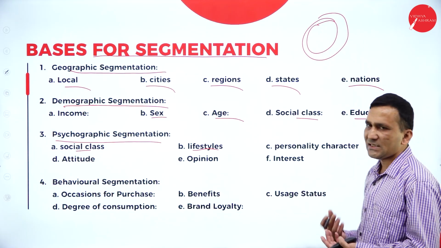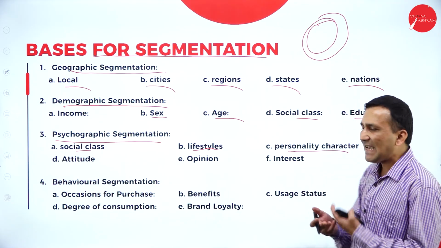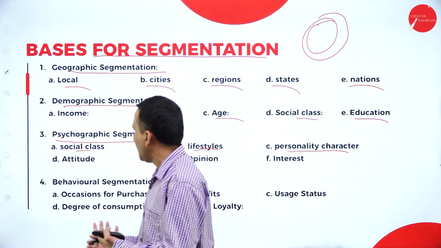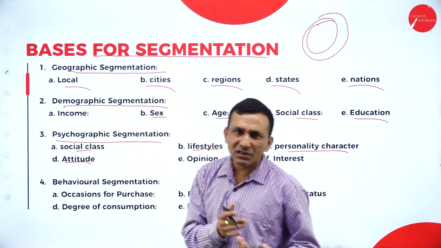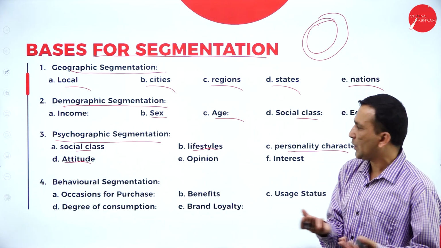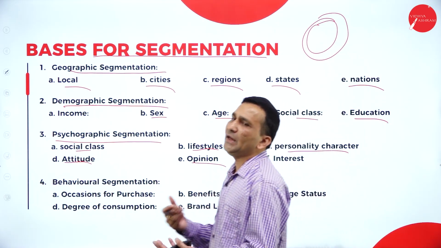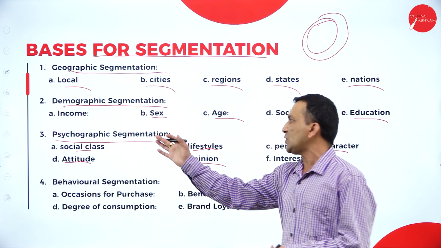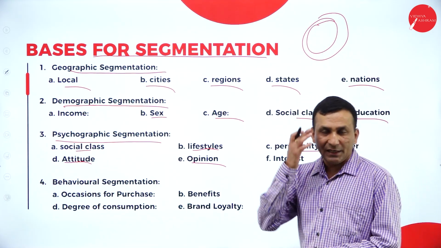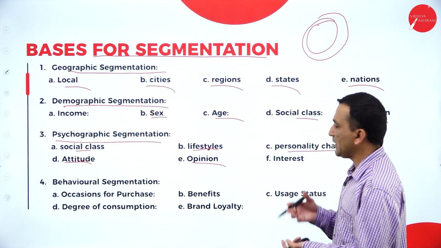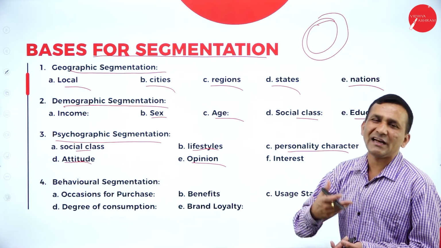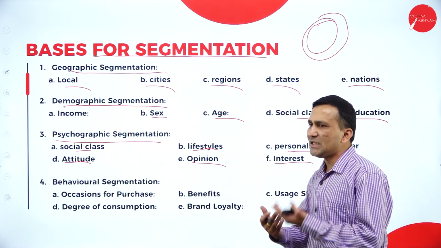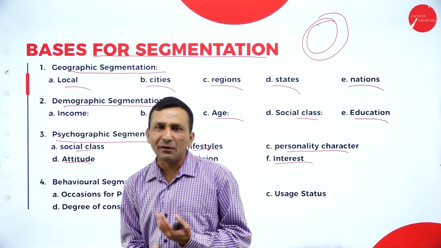Lifestyle you need to study as a marketer, and personality characteristics are also very influential, and attitude towards the product or service, accepted or rejected. And next, opinion. You need to study opinion based on psychology, where the consumers show how they are reacting. And the interest of the customers and consumers is very important.